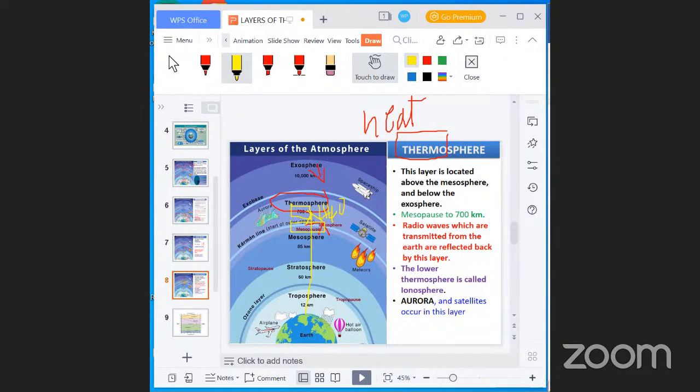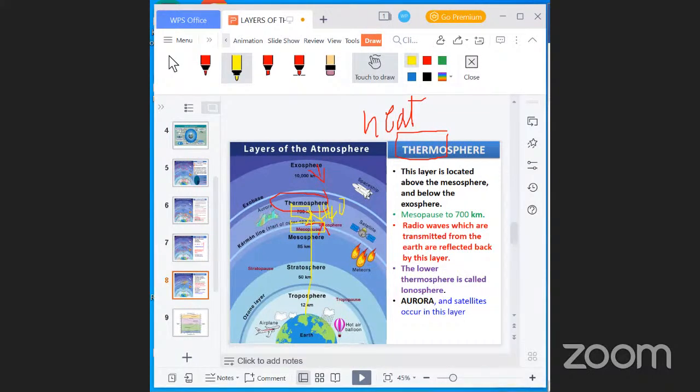Right? So the ionosphere reflects and absorbs radio waves, allowing us to receive shorter wave radio broadcasts from other parts of the world.